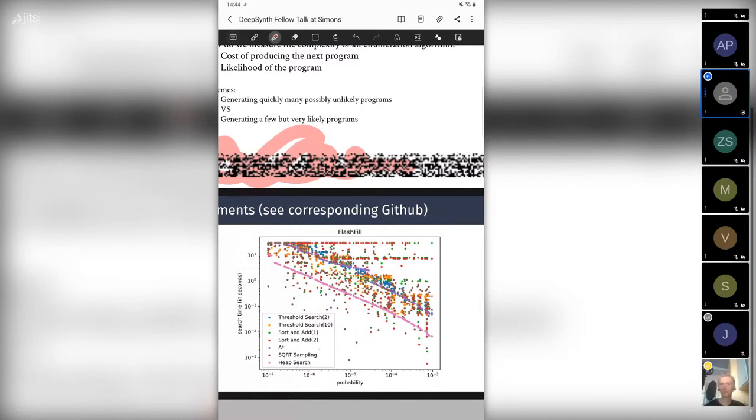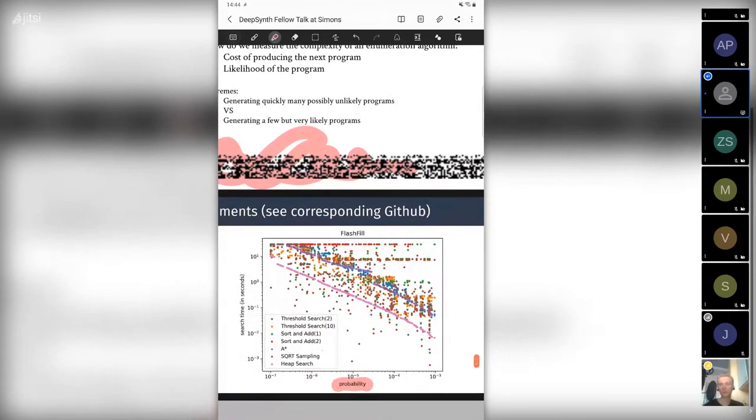Now we have log scales on both axes. Probability is the probabilities of the programs, right? So here this is a program that's rather likely, and here this is a program that's very unlikely to be generated by a grammar. And this is how long it takes to find it. 10 to the minus 3 is very quick, and 10 seconds already takes a bit of time.